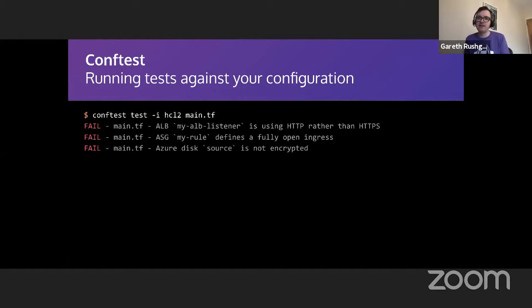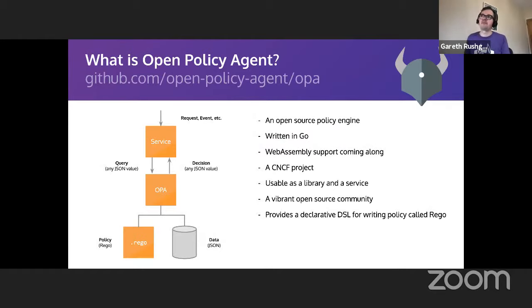There are slightly different parsing rules for both, however, as people have mainly discovered. So you have to explicitly opt in to HCL2. At some point, I think we'll flip the default there, probably before Conftest hits a 1.0 release. But here we'll output basically the failures that we detected. I'll show you what that looks like in a second as well.